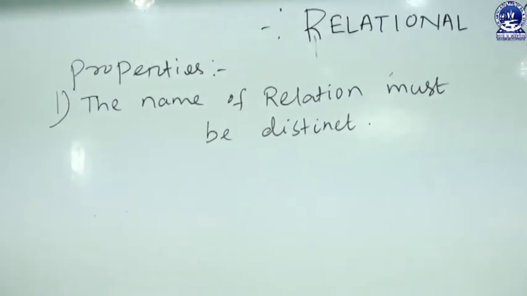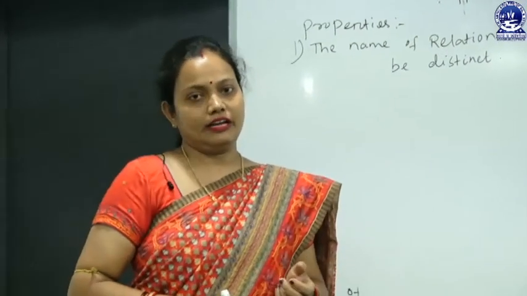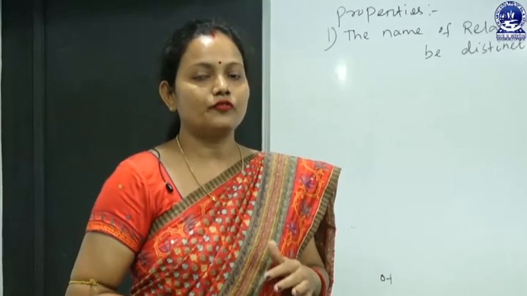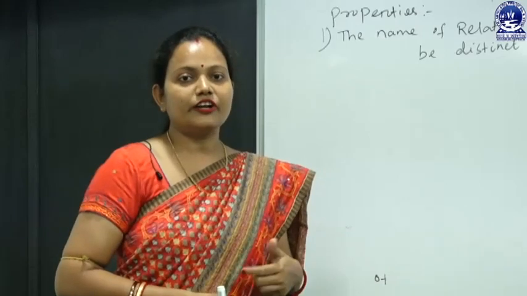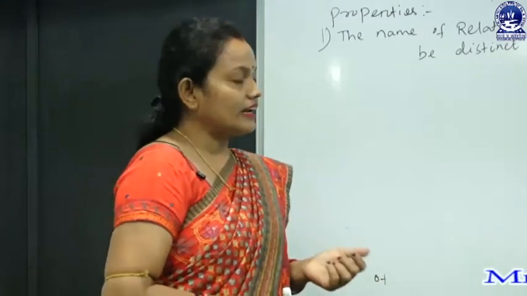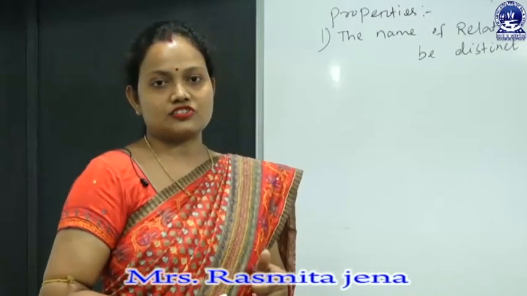That means in a database, we may have more than one relation, because we know that database is a collection of related data and these related data are present in different relations or different tables. So, the name of each relation must be distinct.